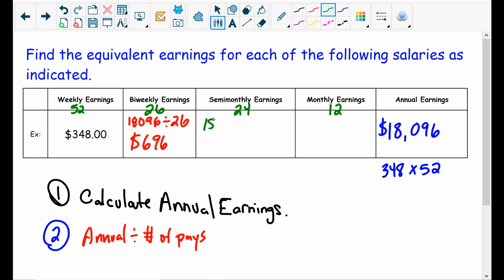Take the 18,096 divided by 24, $754. And we'll take the 18,096 and divide it by 12, 1,508.